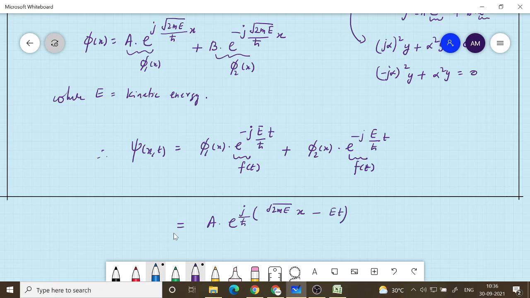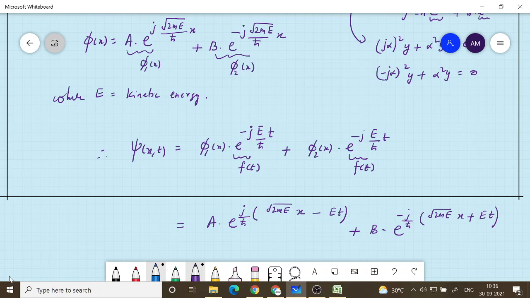And plus b into e raised to j by h cut. I can take minus also outside because both terms have minus, so it will be again square root of 2mE times x plus E t.